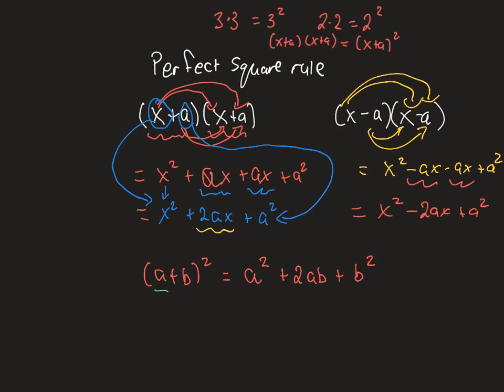So it should give us the first one squared, the second one squared as my last term, and finally it should give us this times this times 2.